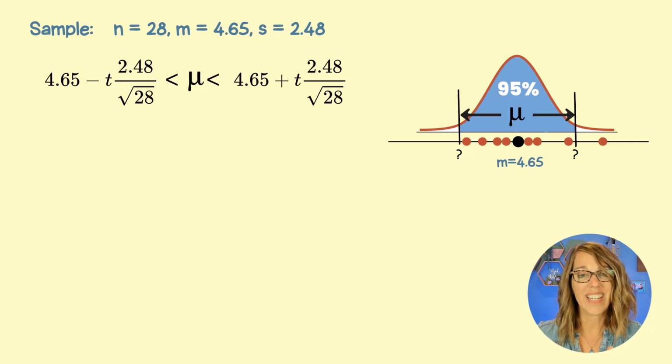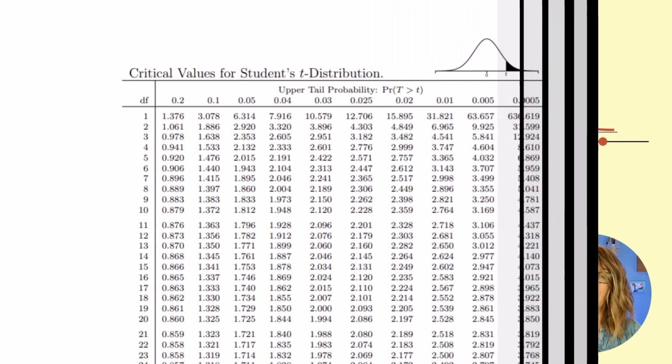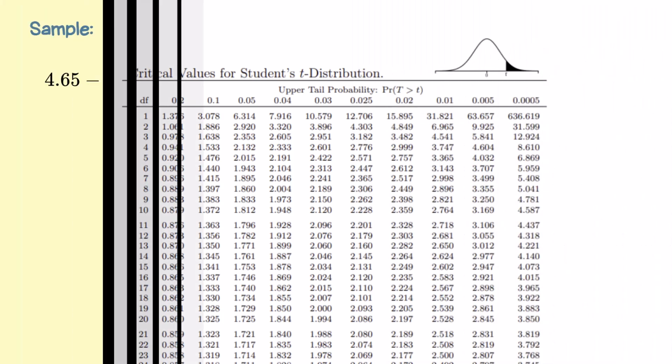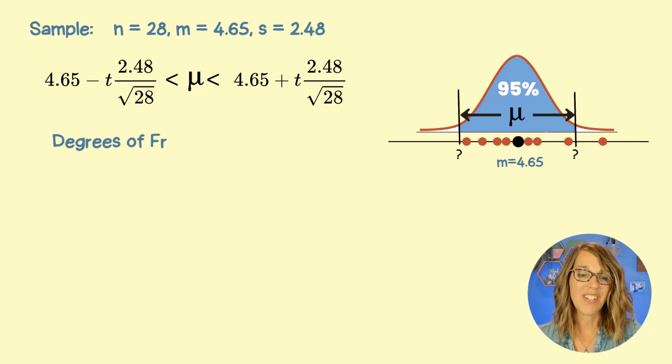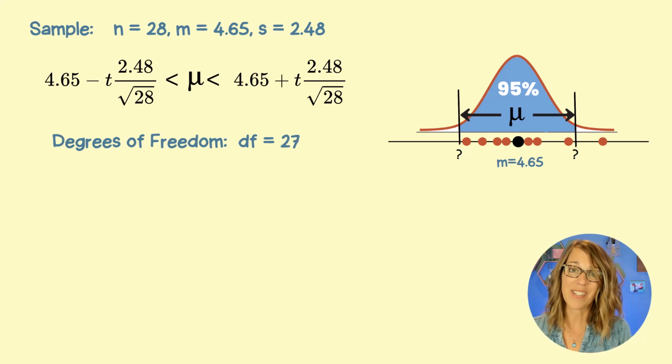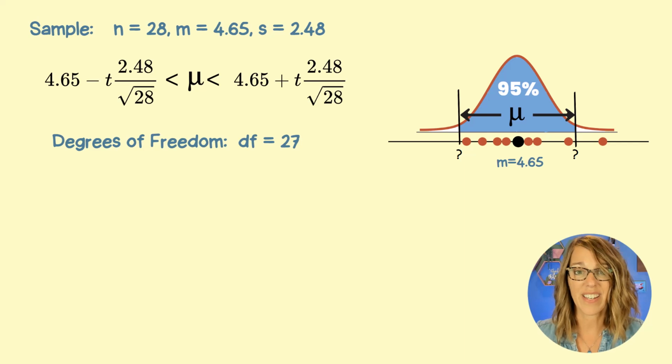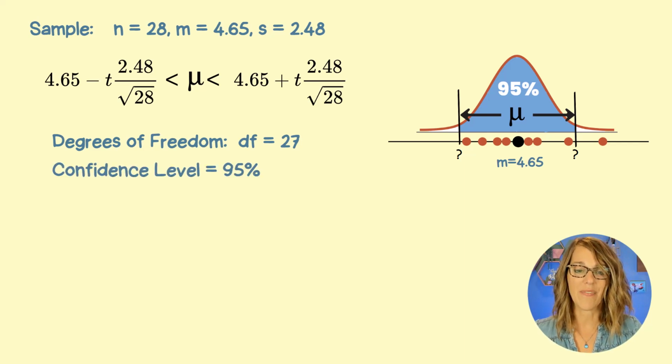Now, in order to find the T statistic, we're going to use a table. You might also be using your calculator. Either way, you need a couple of pieces of information. You need to know the degrees of freedom. And the degrees of freedom in our case is n minus 1, which is 28 minus 1. That gives me 27. We also need to know the confidence level, which is 95%.